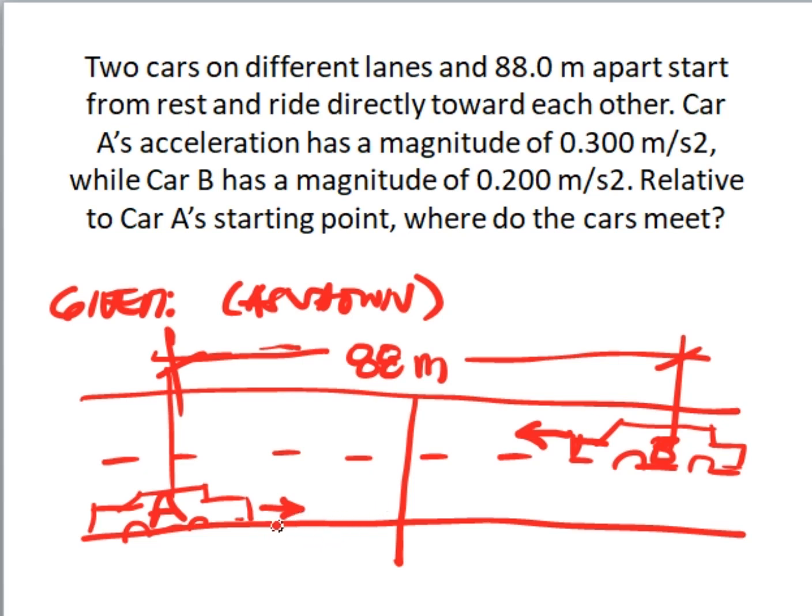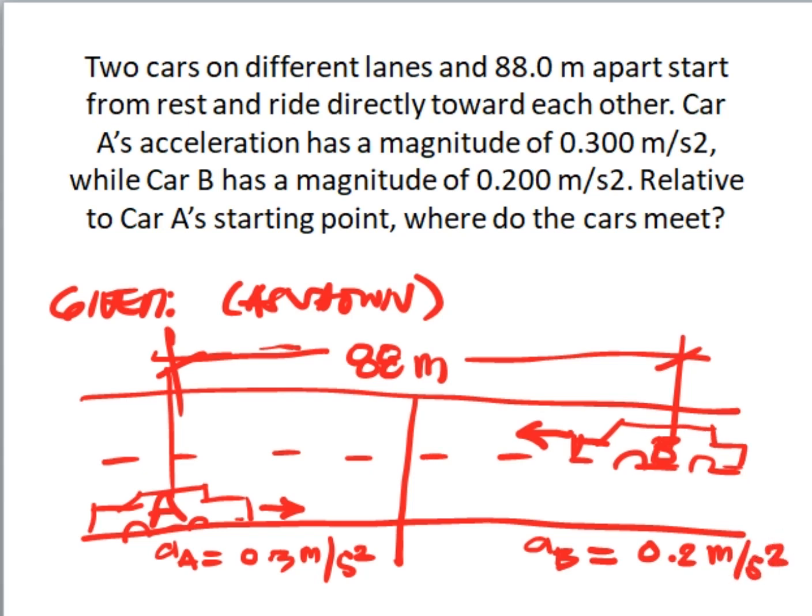And car A's acceleration is 0.300 or 0.3 meter per second squared, and the acceleration of car B is equal to 0.200 or 0.2 meter per second squared.